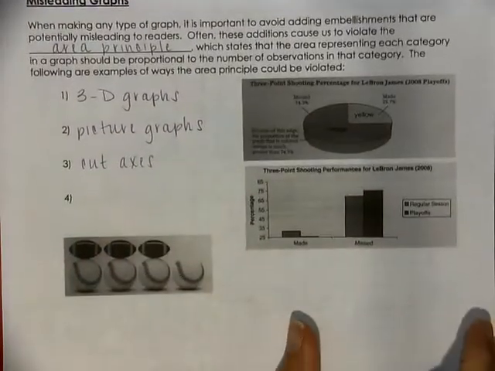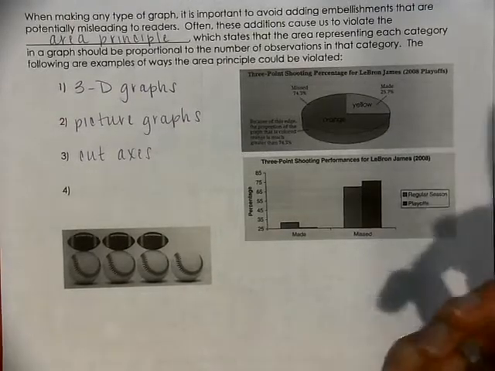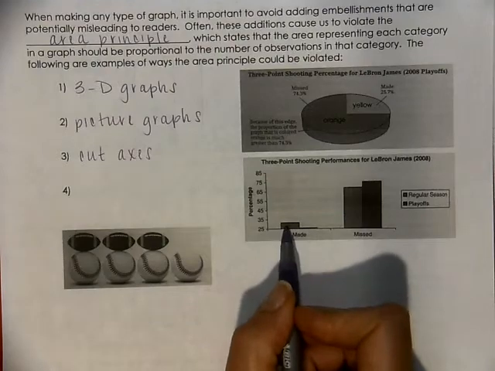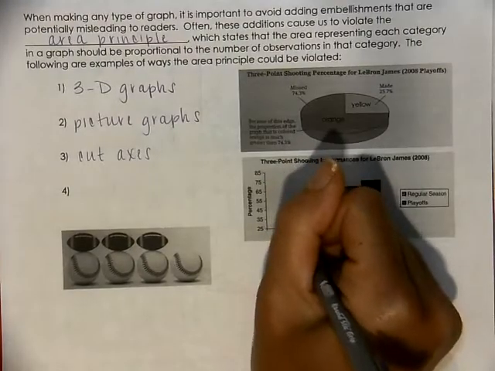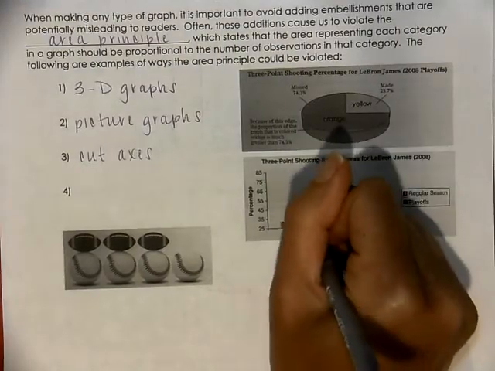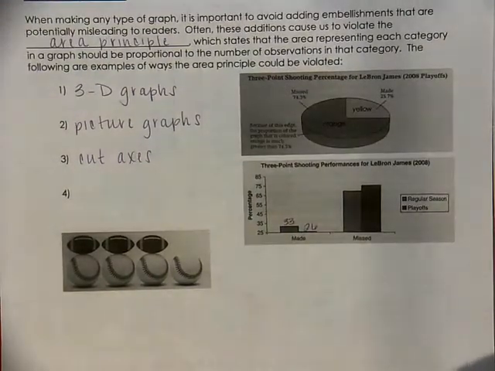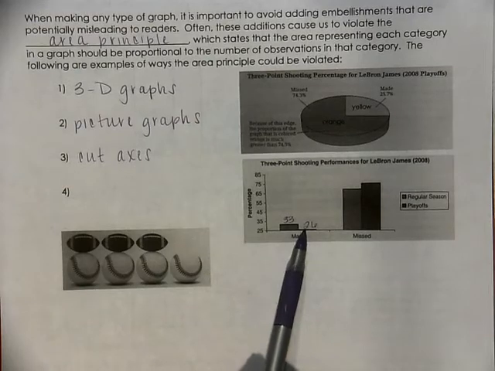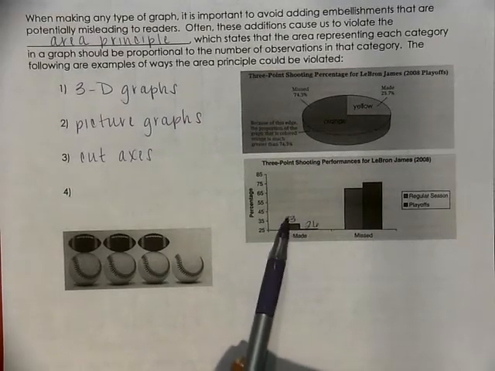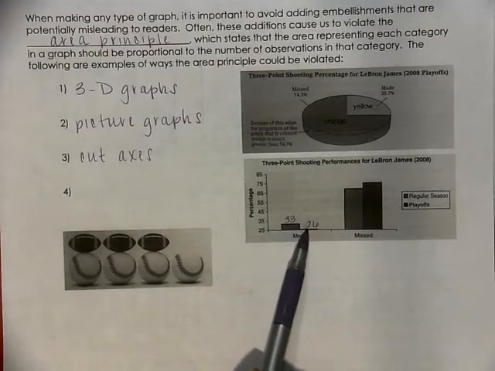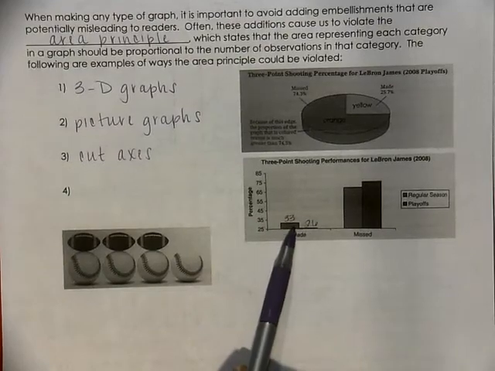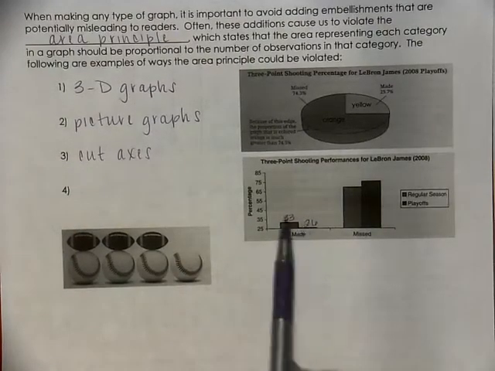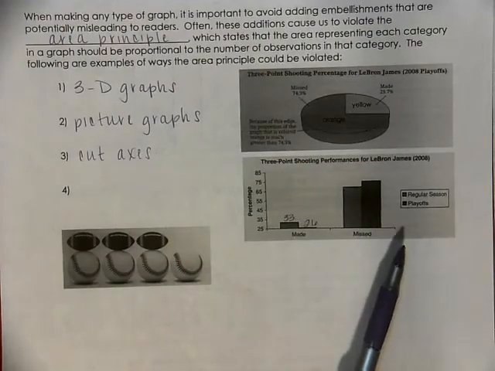Okay, so for example right here, based on the numbers, the percentages on the y-axis, this bar shows it should be about 33%, and this bar should be about 26%. However, this bar looks so much smaller than this one. There's only a 7% difference, but it's almost like this bar is like 7% times as large as this one, when really the difference is only 7%.